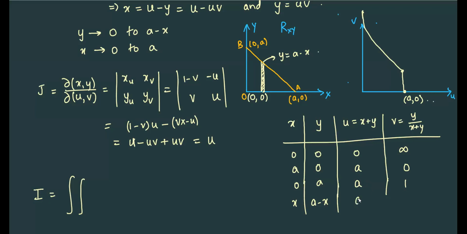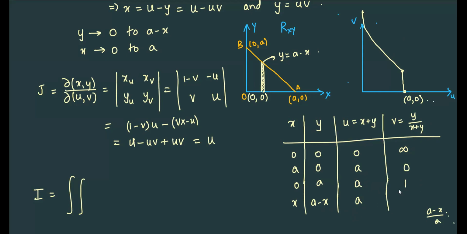Then u will always be a. U lies on this line, u will always be a, and y is a minus x, so x plus y will be a.